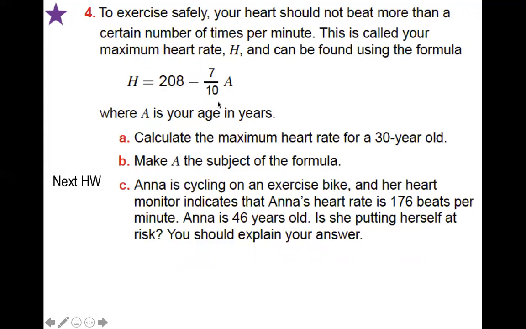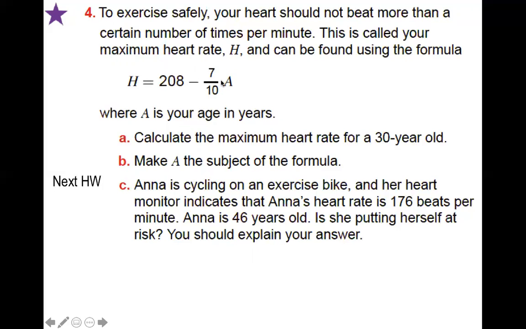You arrive, and when they measure your heart rate, they'll ask you how old you are, and they'll plug it into their computer. The computer just uses a formula, for example this one. We're asked to calculate the maximum heart rate for a 30-year-old, so A is 30. That's the first thing we've been asked to do, calculate H when A equals 30.